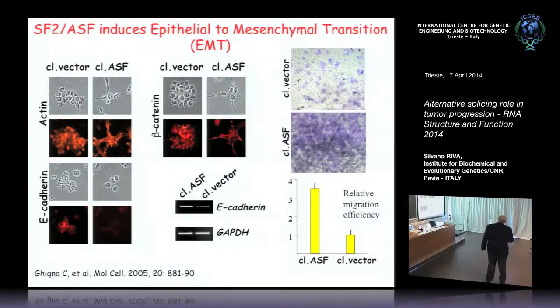Beta-catenin becomes nuclear, while in epithelial cells it is cytoplasmic. And you can measure the capacity of the cells to migrate, for example, through a porous membrane. This is the lower side of the membrane that shows that the cells that have undergone the EMT transition can migrate, while the others cannot. So that's what happens.